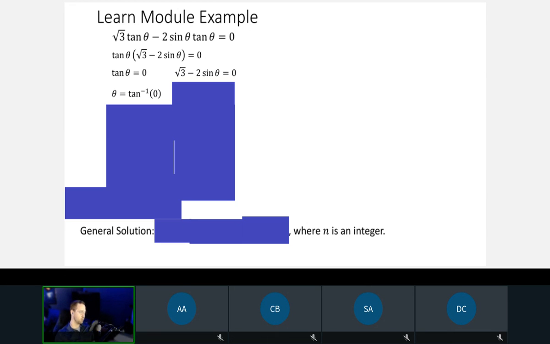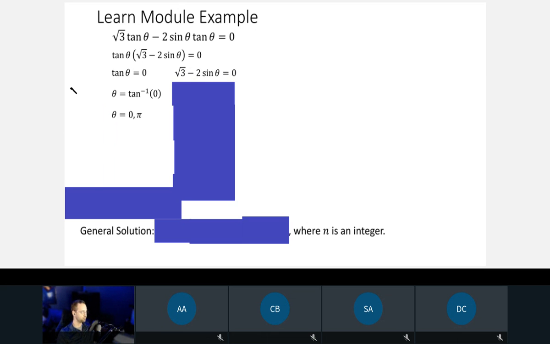So we know that your y has to be 0, x can be anything. Well, the only place where y is 0 would be at 0 and at pi. So those are the only 2 places where this would be true: pi and 0.